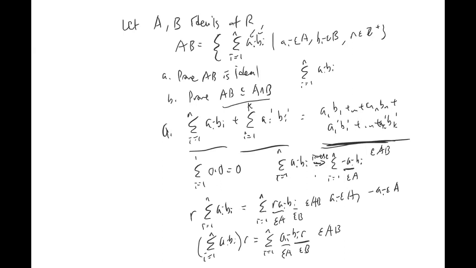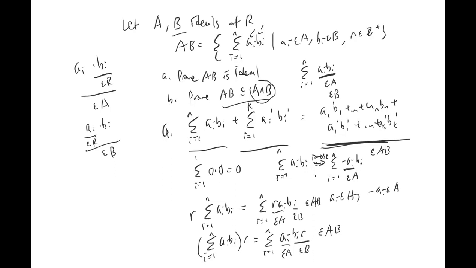So this is in A because I could think of it like this, right? a_i times b_i r, where this is an element in R. So by the magnet property of the ideal A, this is in A. But similarly, I could think of this as my element in R, and then this is in B by the magnet property of B. So this is in A, this is in B, and we proved earlier this was an ideal.